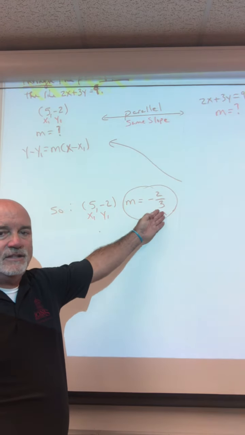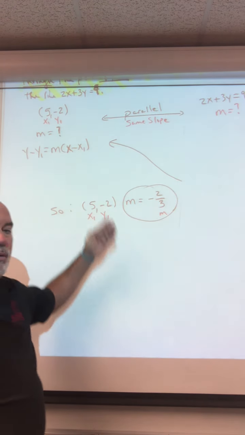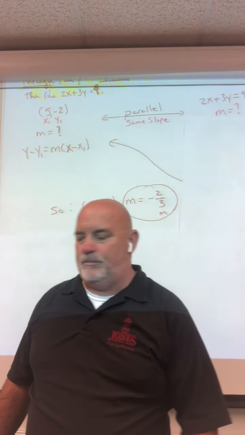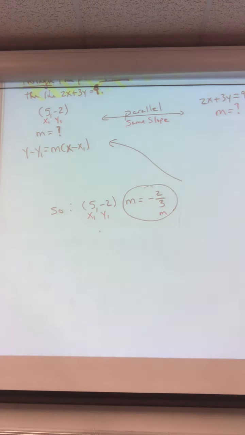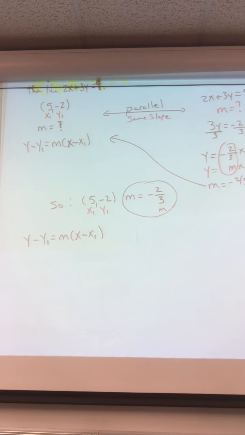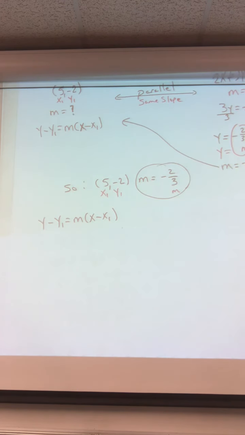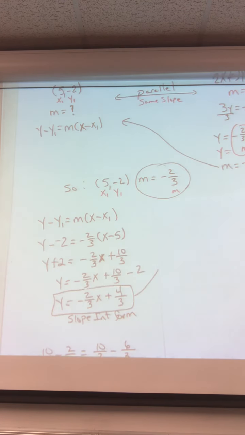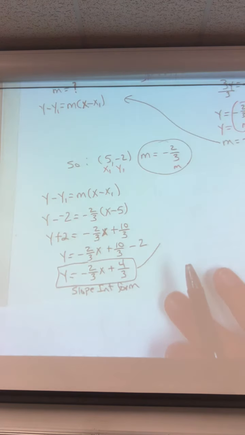Now, take this slope and this point and finish the problem. So what we're going to do, call this x1, y1, call this m. And then we're going to plug it straight into the point slope formula. Pause the video now and copy this.